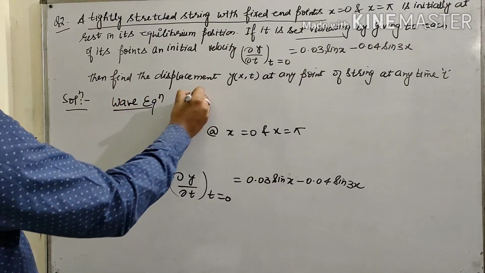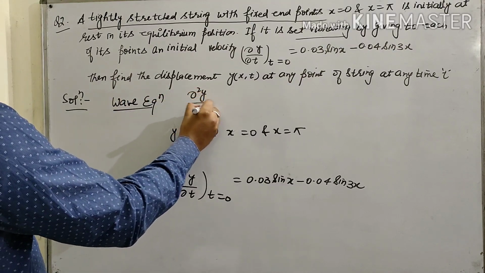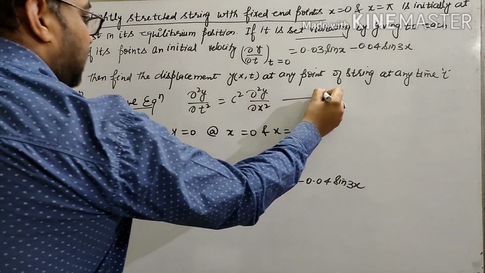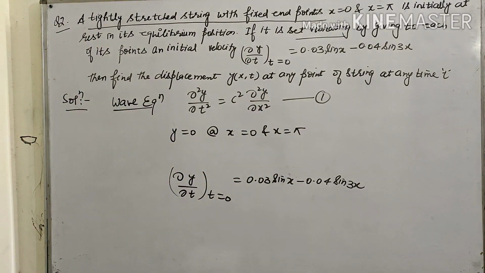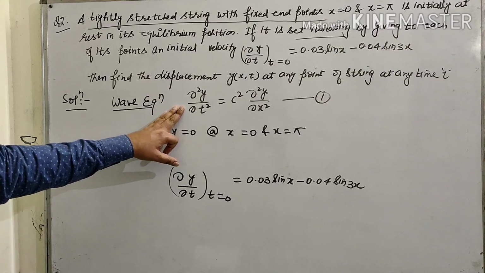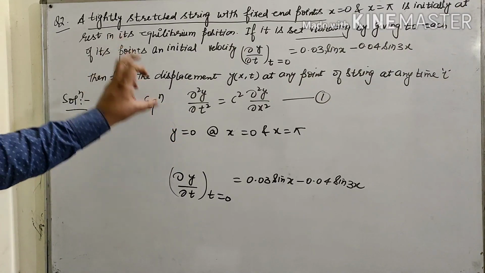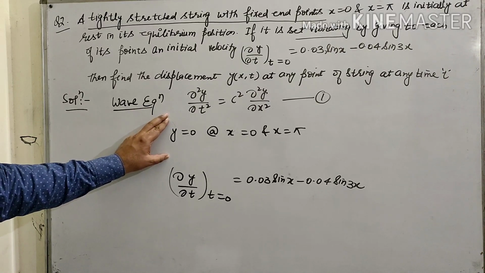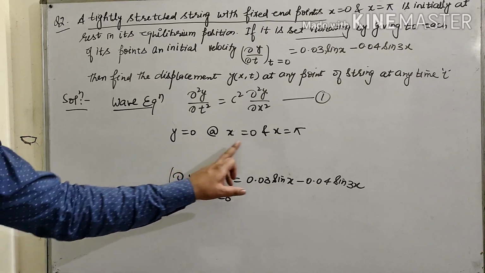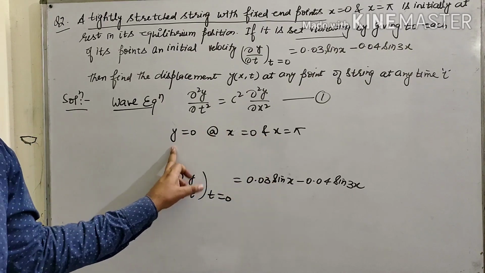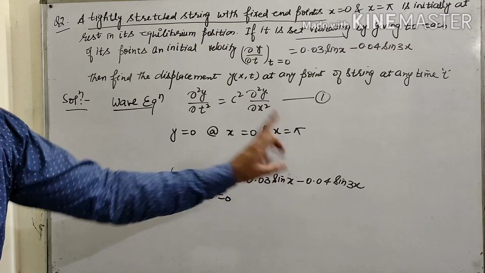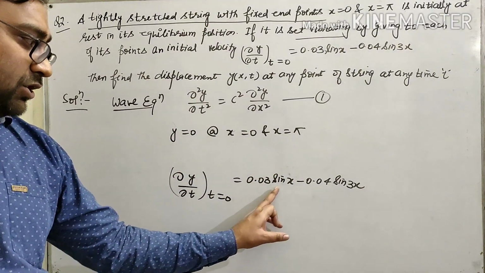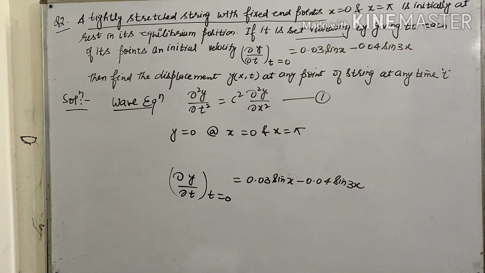That is, the wave equation is del 2y over del t square equals c square del 2y over del x square, which is the standard equation of the wave equation, and we have some initial boundary values at this particular time, that is y equals 0 at x equals 0 and y equals 0 at x equals pi, and del y over del t at t equals 0 is equal to 0.03 sin x minus 0.04 sin 3x.